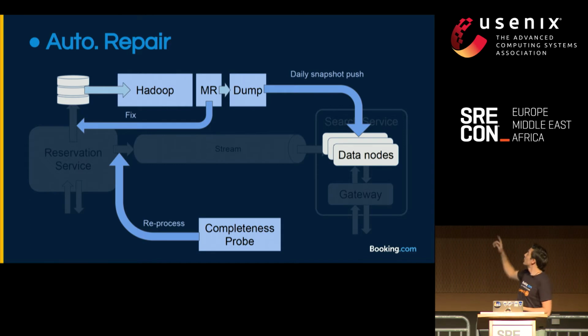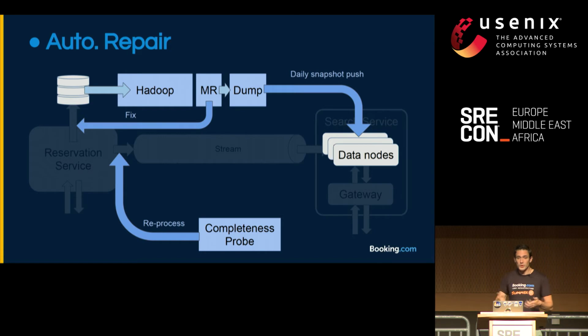If it's good, then we just create a dump and erase the content of the data nodes daily. So there's no reason to check reservations that are very old on the data nodes, because we basically override this data on a daily basis. So it makes our life a lot simpler, and it's just for free, just because we did SLIs.